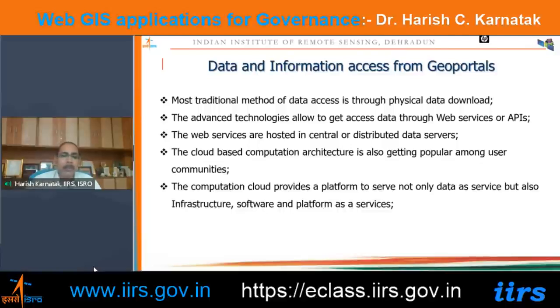But here you are not following this method. You simply open their website, access their web service or API, and start using the data. You are not bothered about the size of the data. You don't know how much data they are hosting on their servers, but you are getting your services.